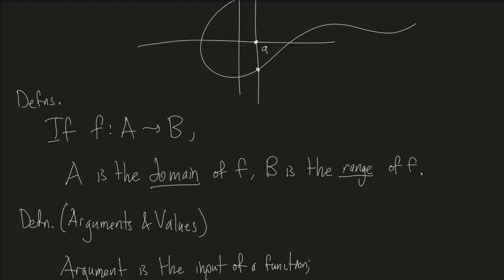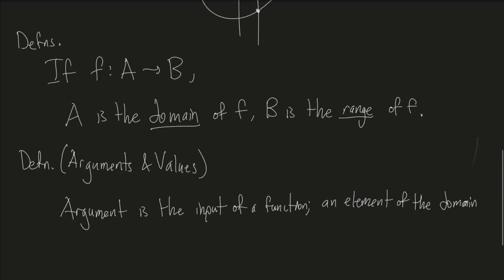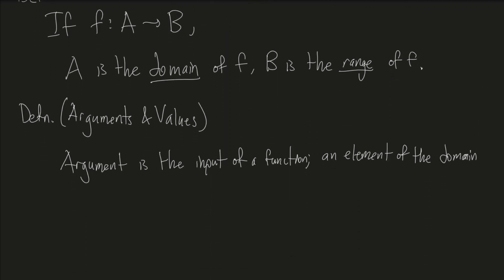So you could sort of describe this as an element of the domain. And usually we'll use the term argument in generality, so we'll say that if we have a function like f of x that you're used to, then we say that the argument of the function f is x in this case. Or if we have multiple things that we input into the function, like let's say we have something that depends on both position and time, and we have f of x, t, well then we say that f has multiple arguments, which would be x and t.